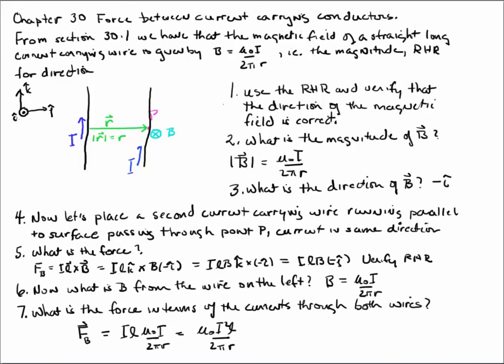In this case, I have picked them so that the currents are the same. And instead of writing the force, we could write force per unit length. Just simply divide by the length, and that's equal to mu naught I squared over 2 pi r. And that's the end of this.